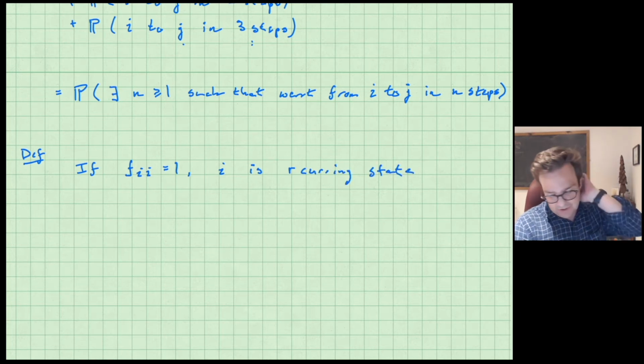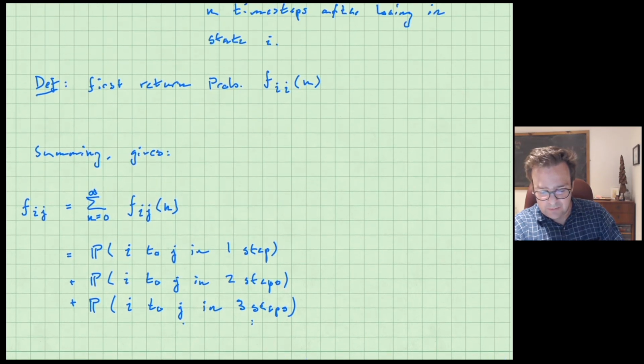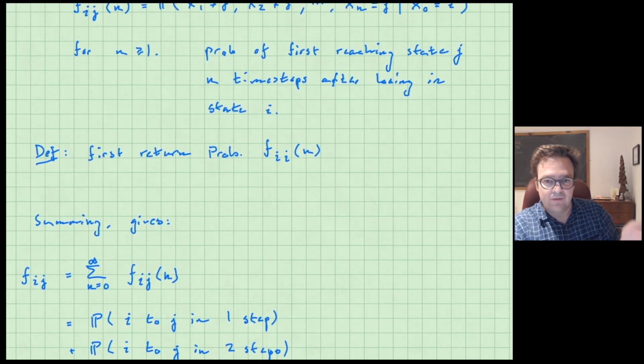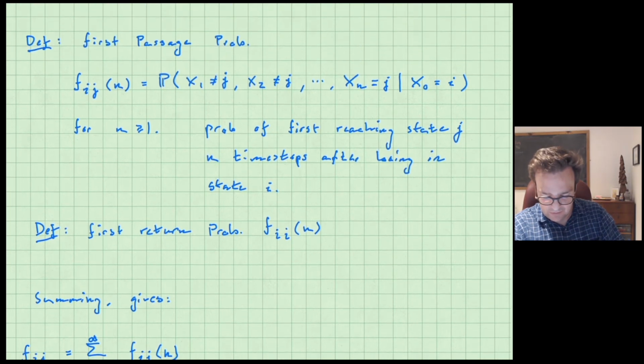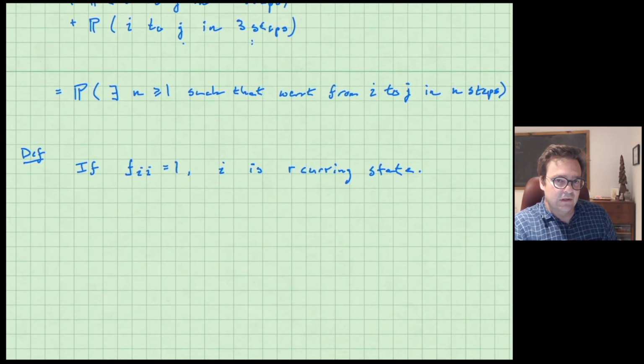Now think about what this means. If you go back over here and ask what F_ii is, that's the first return probability: the probability of going from state I back to state I after n steps. Now if that's 1, what does that mean? It means that you will definitely return to state I eventually.